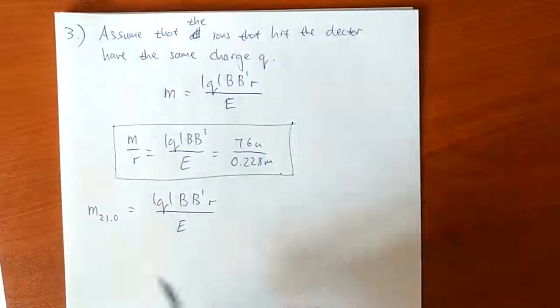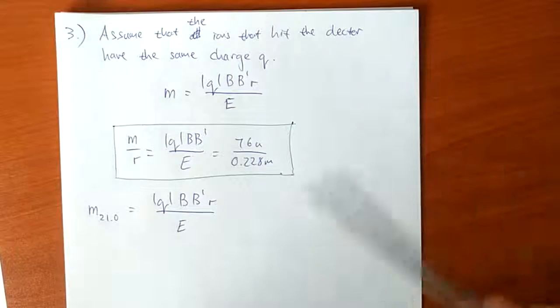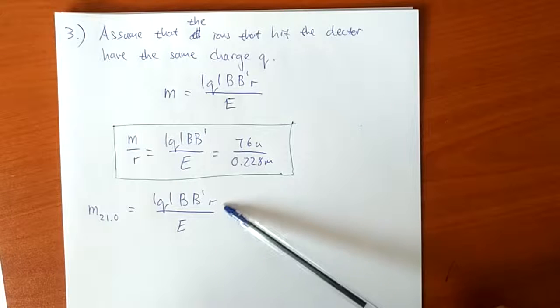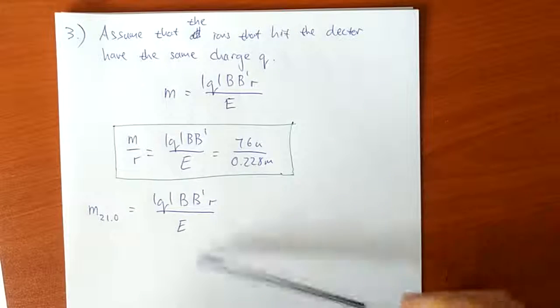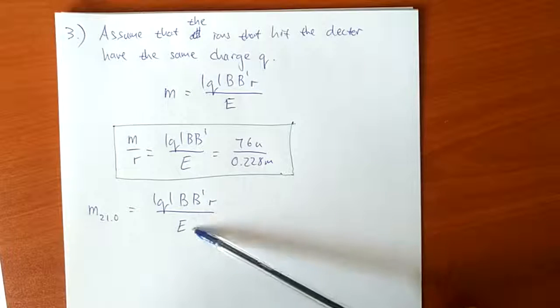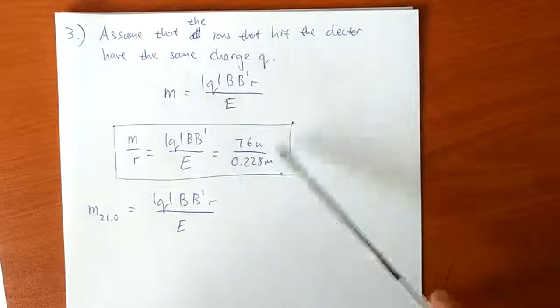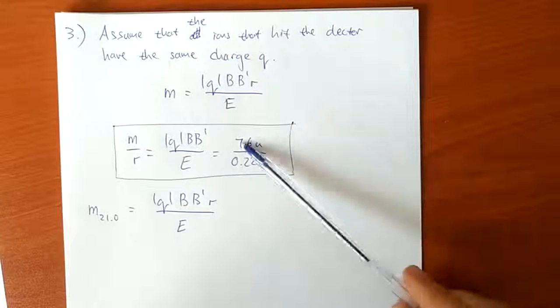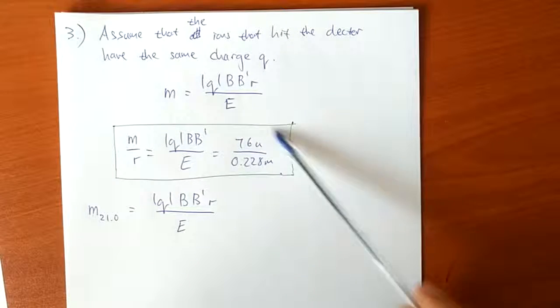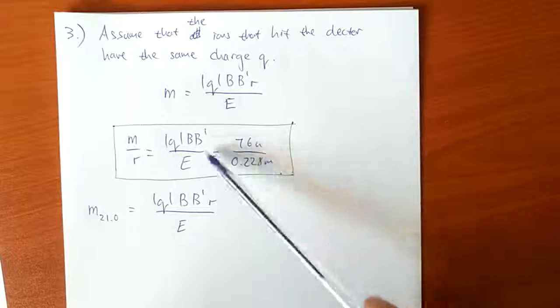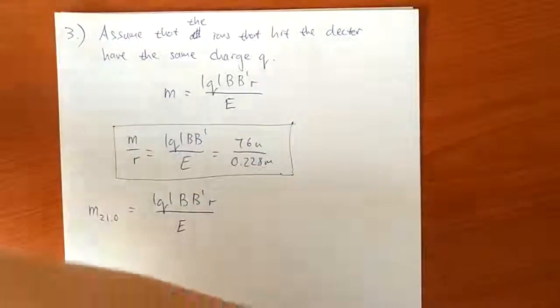So can we work out what this is? We've got R, that's 21.0 centimeters. But what is Q, B, B prime, and E? I don't know what it is, do I? No, but wait, that is from here. I'm told that the largest radius, 22.8 centimeters, corresponds to 76 U. So that tells me that this ratio is equal to this part in green here.